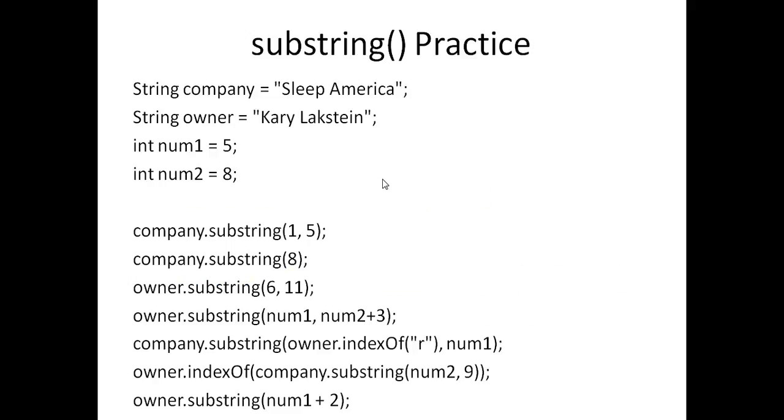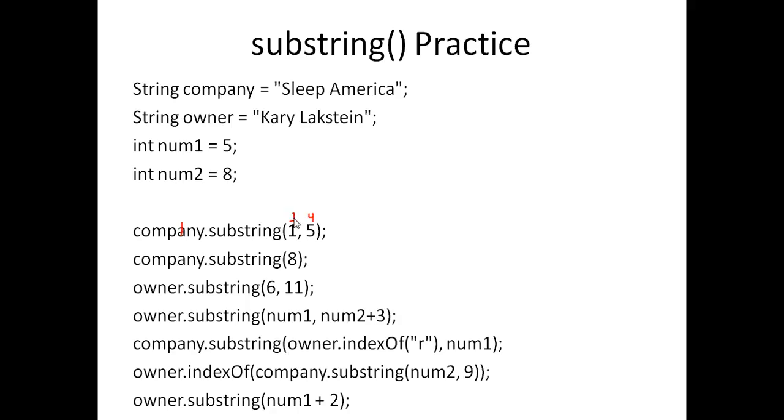So here's some practice. Here are your 2 variables with strings, and you have 2 numeric variables. So company.substring 1, 5. Okay, so you're looking in the company variable, and the first position is 1, and the second position is 1 less than the second parameter.